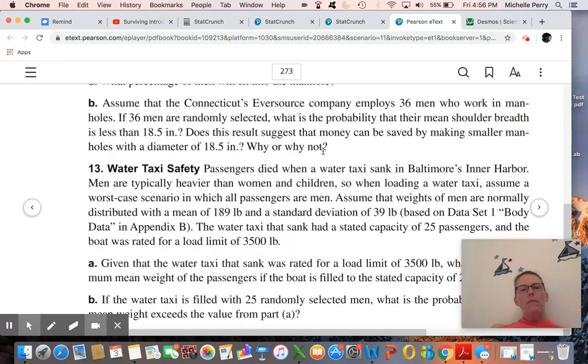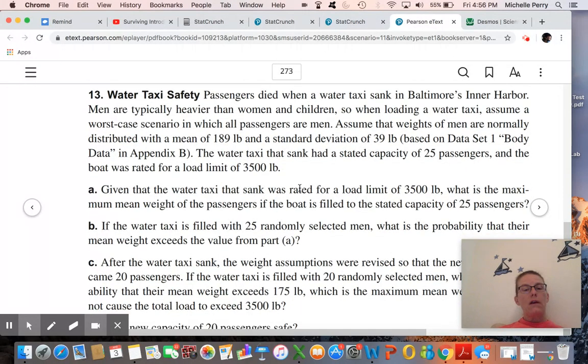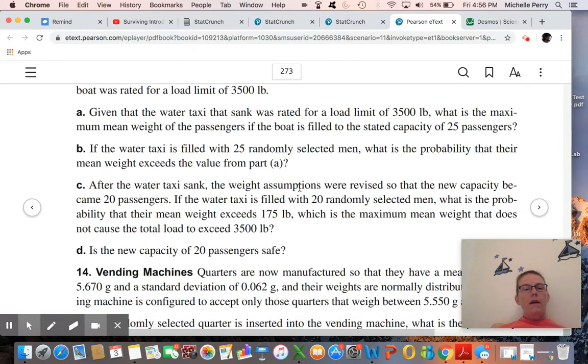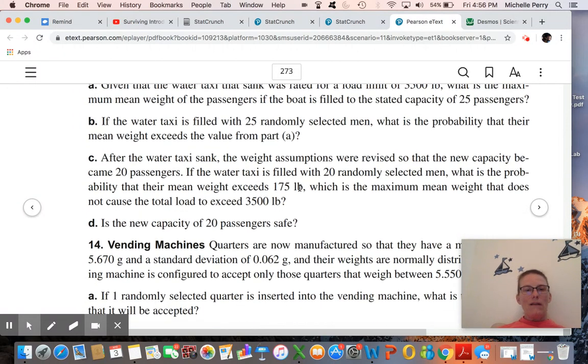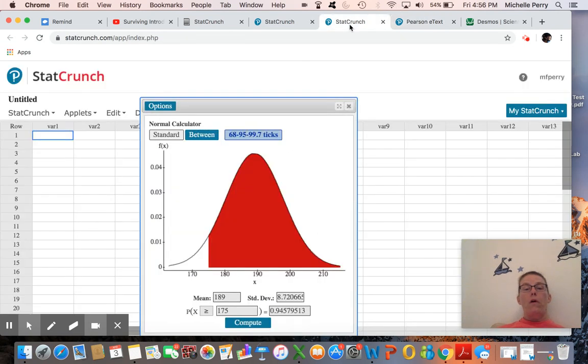Why are you thinking about safety? Because when we come back over to the interpretive idea that they get us to think about, that comes in Part D. Part D, they ask us to think, is the new capacity of 20 passengers safe? Well, hello, Marie.